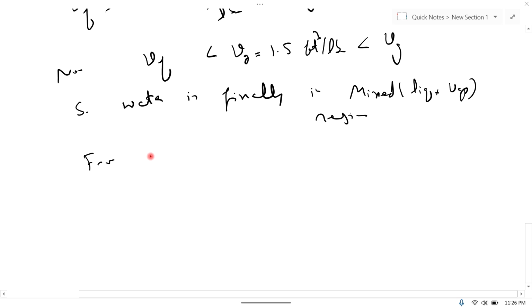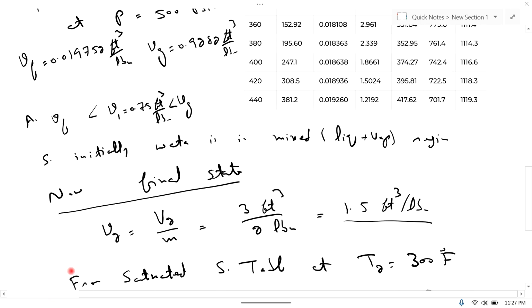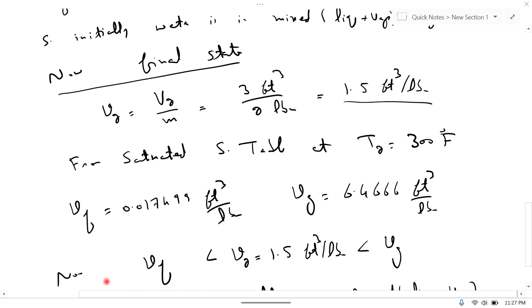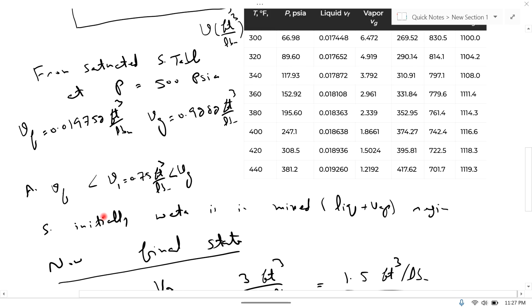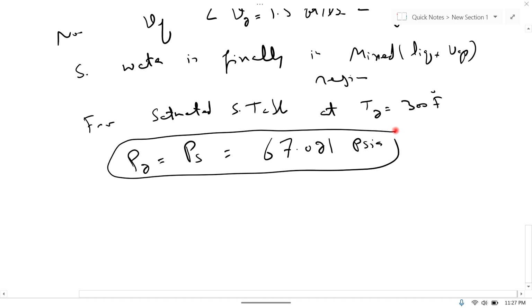So from the saturated steam table at temperature T2 equal to 300 degrees Fahrenheit, P2 is basically the saturated pressure, which is equal to 67.021 psia. This is the final pressure which is required.